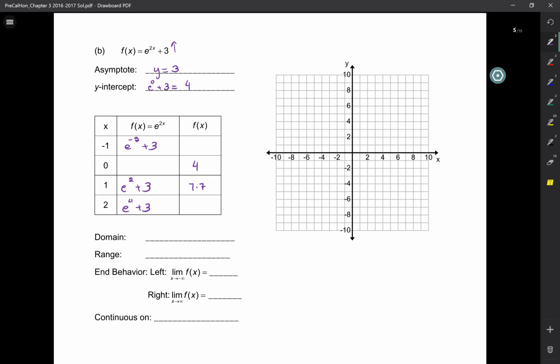And that just leaves me with e to the minus 2 plus 3, which is 3.1. All right, so when x is minus 1, we're at 3.1. Right about there. Here we're at 4. Here we're at 7.7. My asymptote is at 3.